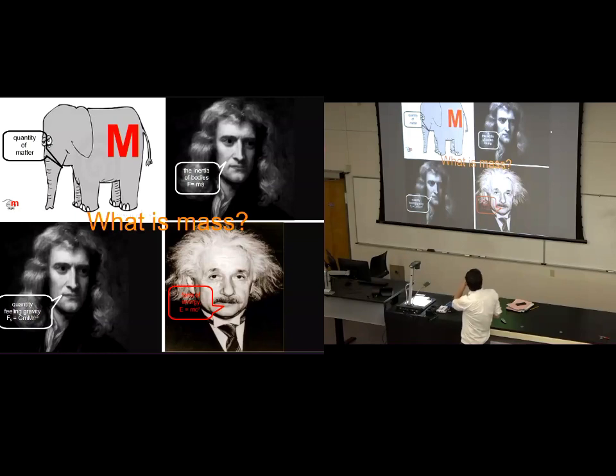The next one in my list here came from Isaac Newton, and it came from his laws of motion. Mass is in the laws of motion, F equals ma. The role of mass in the laws of motion is that it's the inertia of a particle. We think of mass as inertia. This is Newton's first interpretation of what mass is.